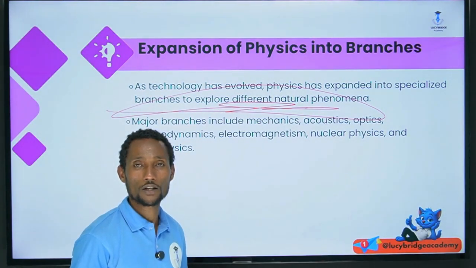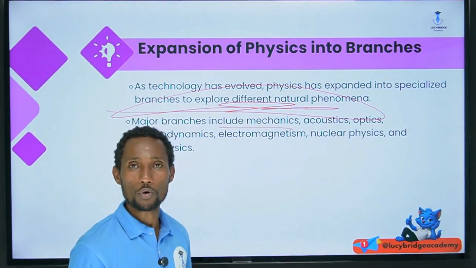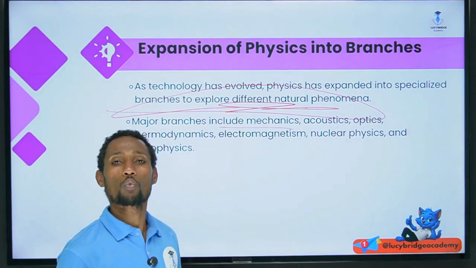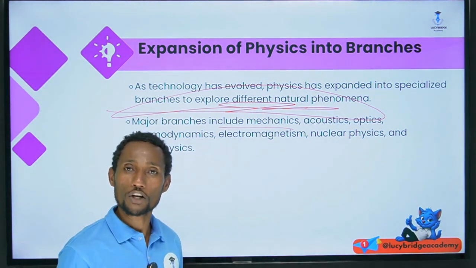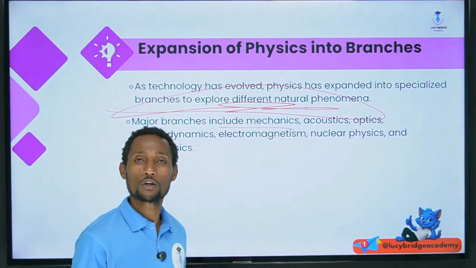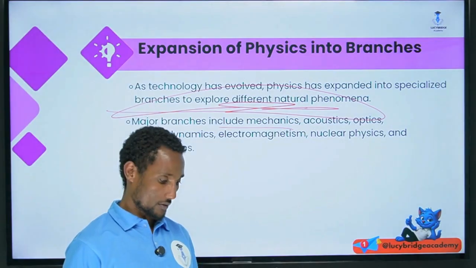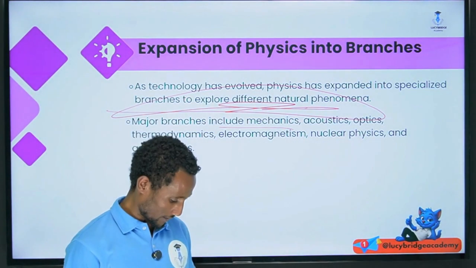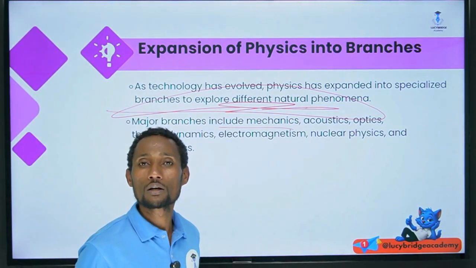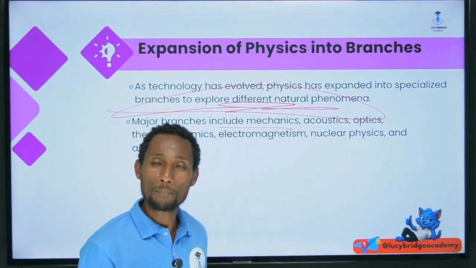Different natural phenomena, for example, mechanics, about the motion of bodies, and natural phenomena like friction, either on a smooth or rough surface. Acoustics, about sound. Optics, about light. Thermodynamics, about energy transfer mechanisms in the form of heat and temperature.